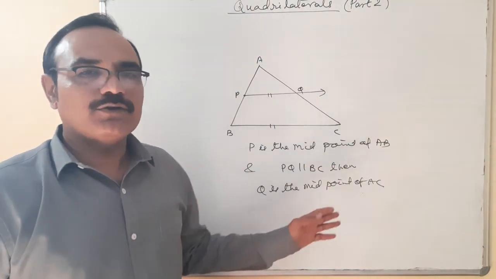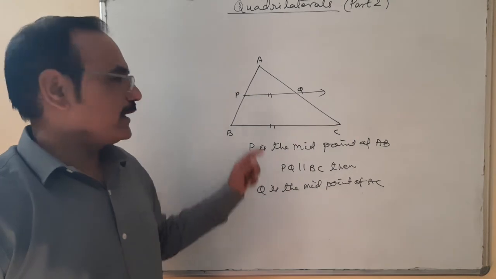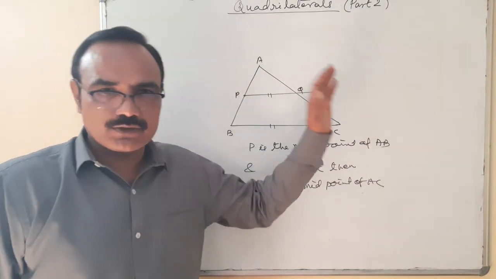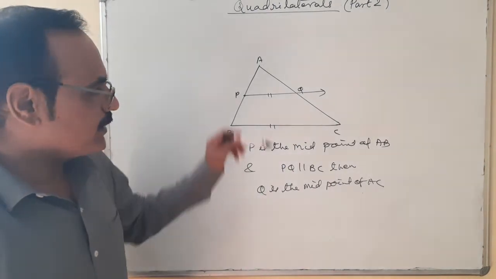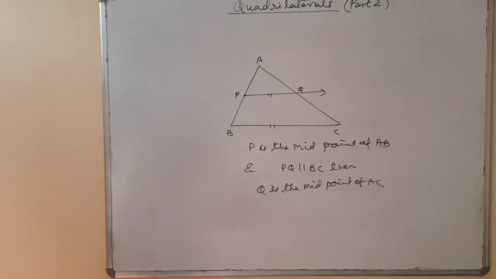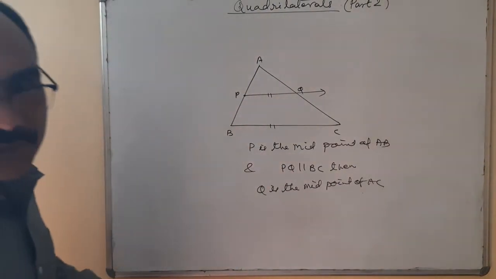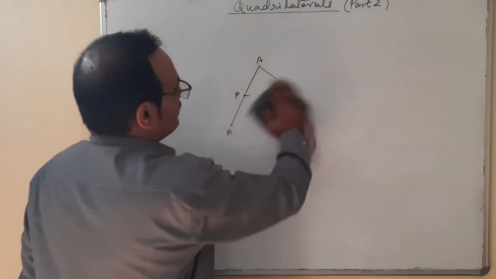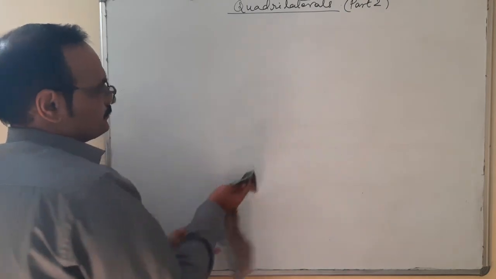Same as the midpoint theorem, but the proof is different. Here one midpoint is given, and the line is given parallel. We have to show that the other is also a midpoint. Okay. So we'll use the statement of this theorem also when we solve the question. But the main and basic important theorem is the midpoint theorem. Okay.